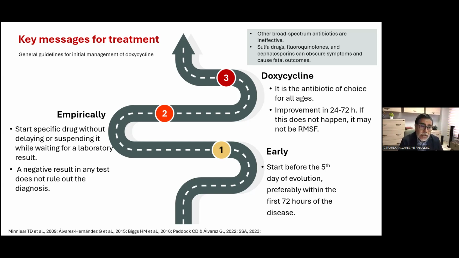Number two, doxy should be initiated empirically, that is, based on clinical manifestations, and a negative result in any test does not rule out the diagnosis. And number three, doxycycline is an antibiotic of choice for all ages, including children less than 10 years and pregnant women.